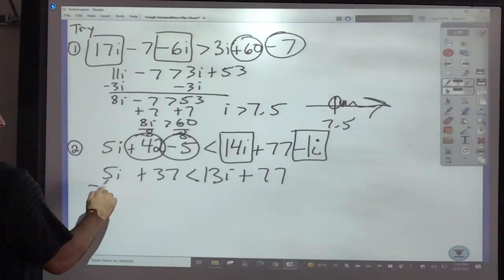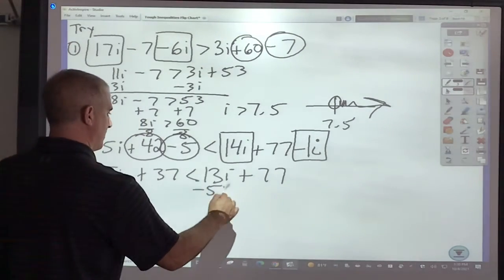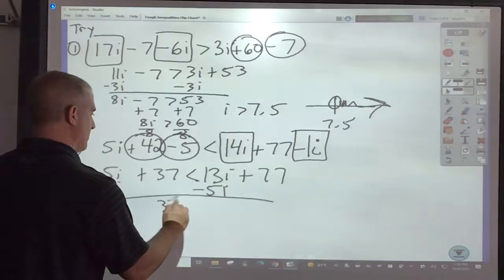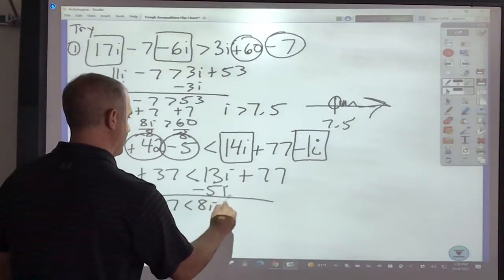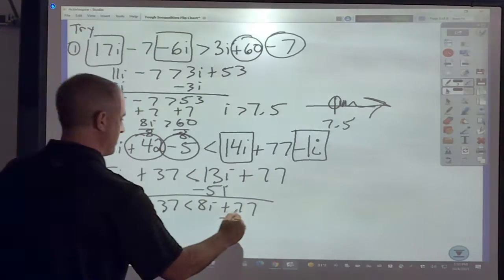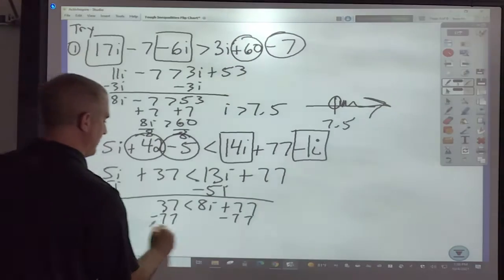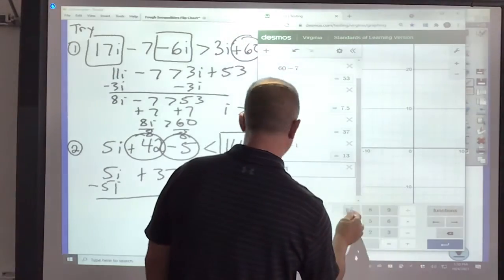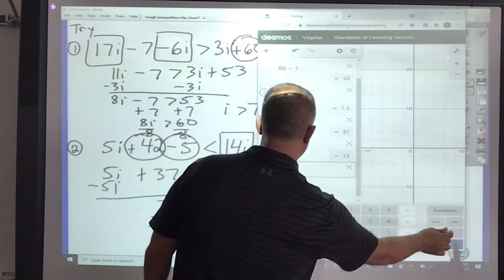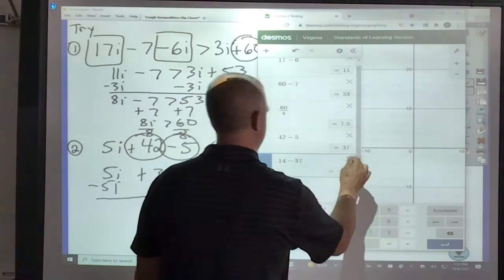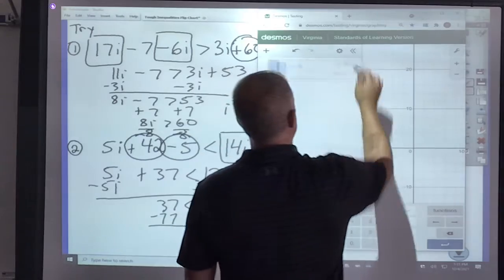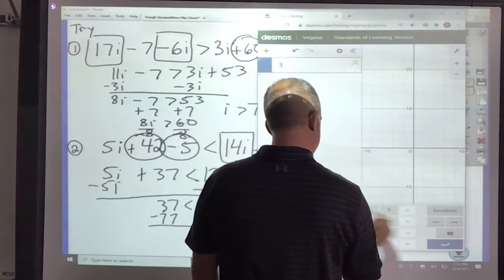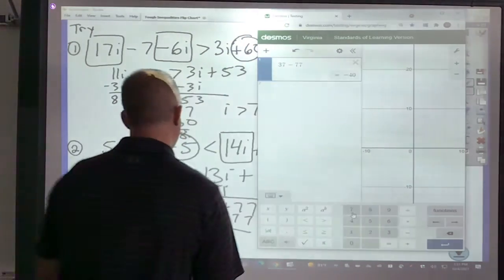So I would subtract 5i, subtract 5i, got 37 less than 8i plus 77. I'm down to separated, so subtract 77. 37 minus 77 is negative 40.